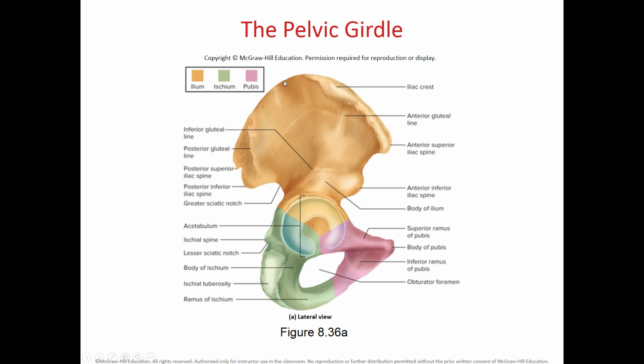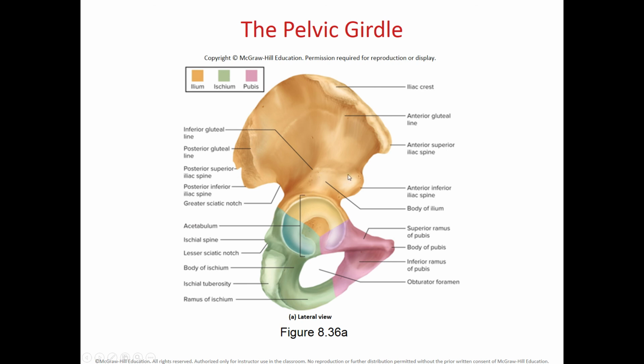So this is the iliac crest, this is the anterior superior iliac spine, anterior inferior iliac spine, and then this will be the ala, and then this is the anterior gluteal line. This is the posterior superior iliac spine, posterior inferior iliac spine, posterior gluteal line, and then inferior gluteal line.